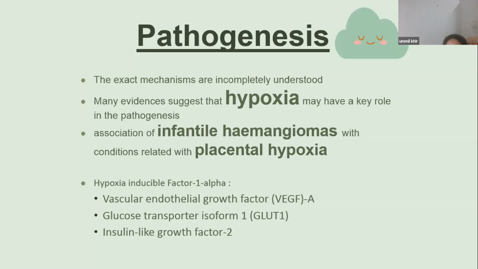There is an association of infantile hemangioma with conditions related with placental hypoxia. So placental hypoxia is like an initiating factor that targets mainly hypoxia inducible factor 1 alpha, vascular endothelial growth factor A, glucose transporter isoform 1, and insulin-like growth factor 2.